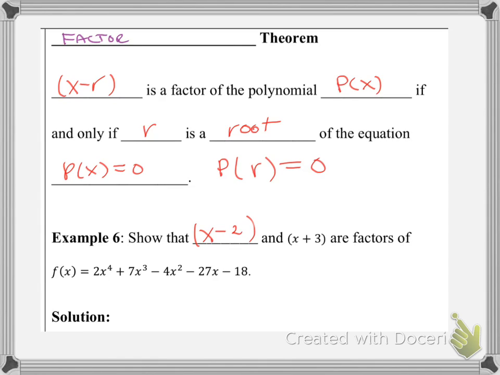Okay. Well, how can we figure that out? Well, now we can keep in mind what our remainder theorem is telling us, right? So in proving this tells us that since x minus 2 is a factor, then x equals 2 and x equals negative 3 are roots.